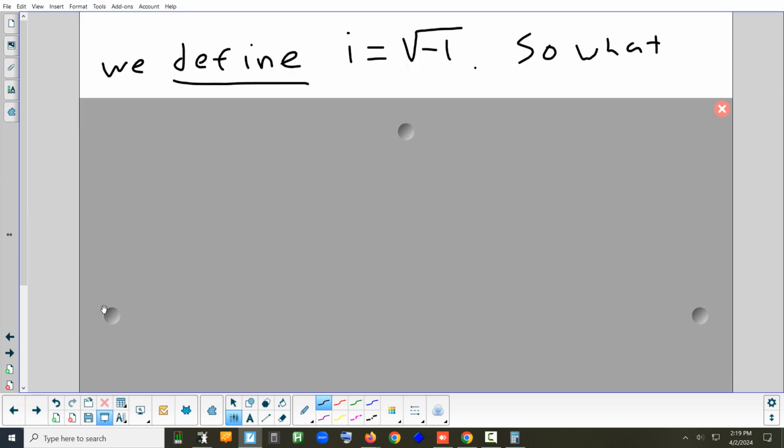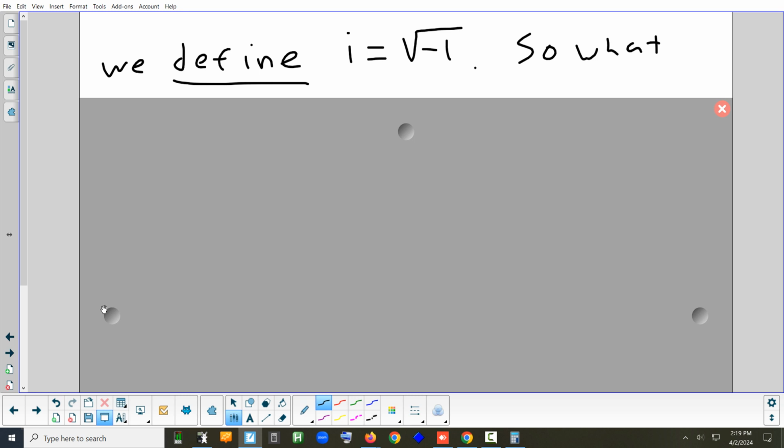And that's not something you can prove, right? Like if you gave the Pythagorean theorem and said, well, I don't understand why that even works, I could prove that to you. I could show you why a squared plus b squared equals c squared. I can't prove to you why i equals the square root of negative 1. It's a definition. It's not something that can be proven.